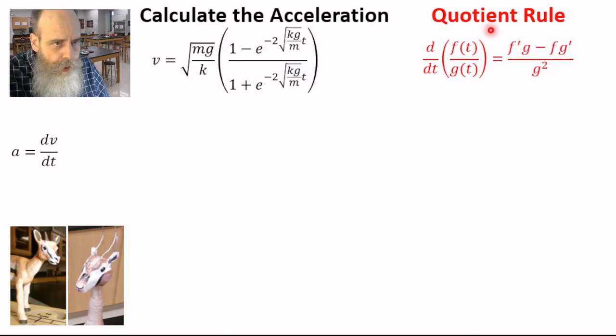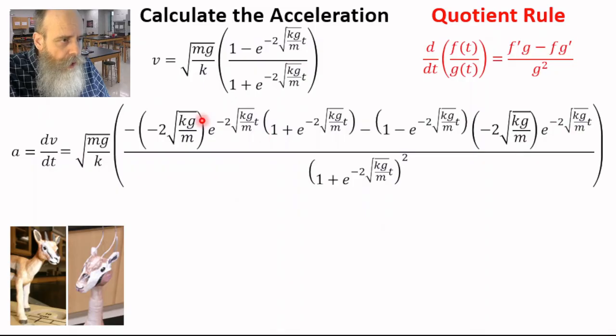So let's apply the quotient rule to this function. First of all, we get the constant coming out in front, square root mg over k. Then here we squared the g. So this is the g, and we squared it and put it here.